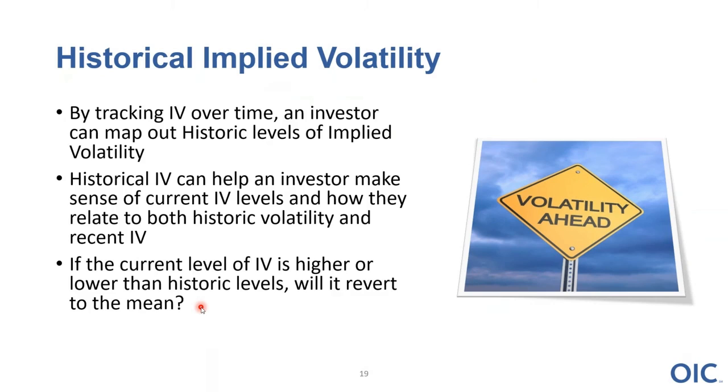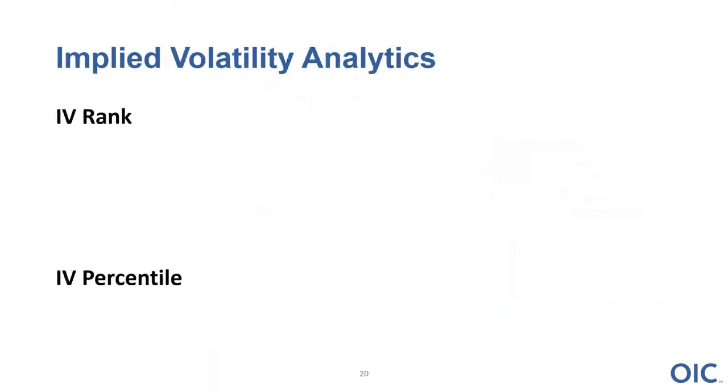Now, this can potentially seem like a very intensive analysis. You need a lot of data. You need a lot of numbers. And that's true. However, there are a few metrics that can be helpful that your trading platform might make available to you. And as options trading gets more and more popular, I would expect more platforms to look for ways to include these types of analytics.